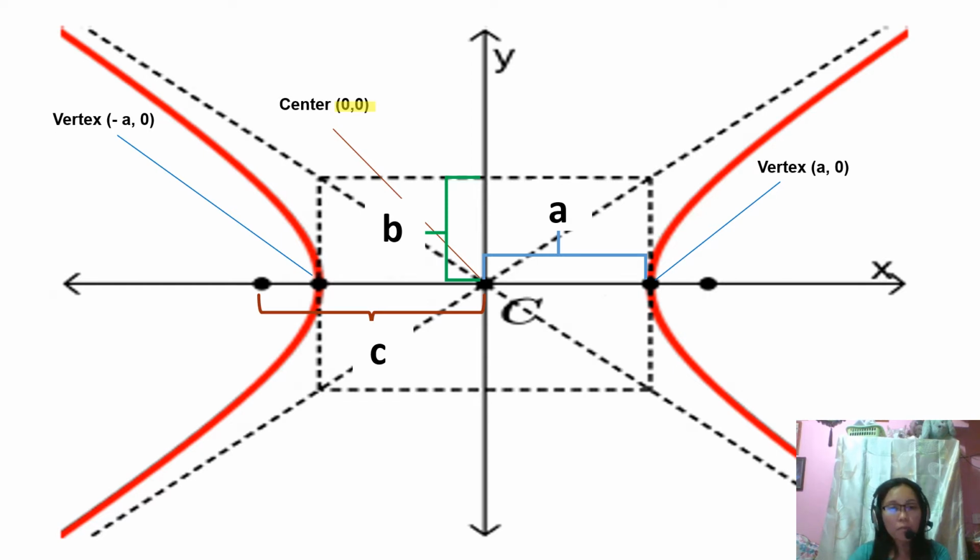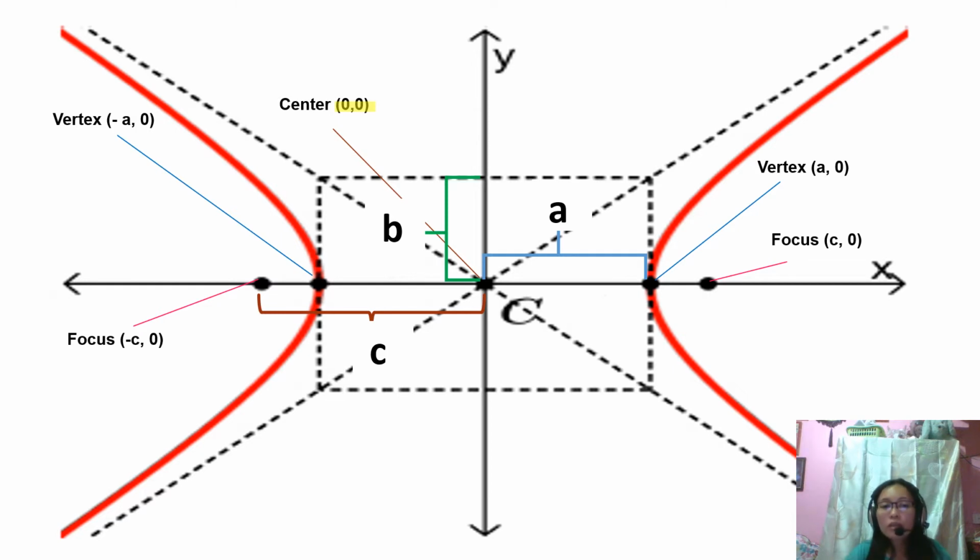Still A. Next, we also have our focus. Since the parabola, the ellipse, and the hyperbola have a common term, focus. Okay, so ang focus it's found inside the hyperbola, inside the parabola, inside the ellipse.